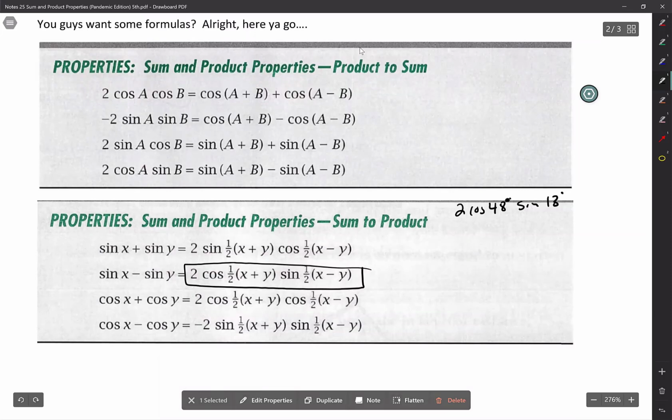So using my formulas here, it tells me it's sine x minus sine y. And it tells me that is half of x plus y, and that is half of x minus y. So we have to figure out what x minus y is. Maybe this is not the best way.